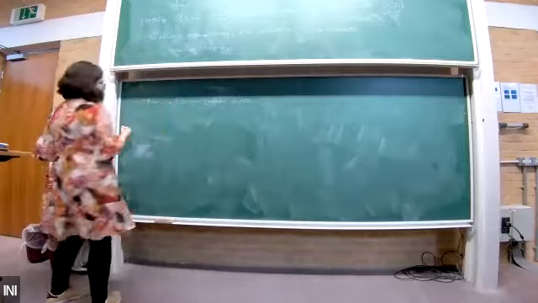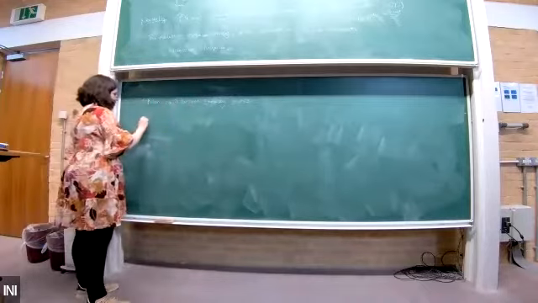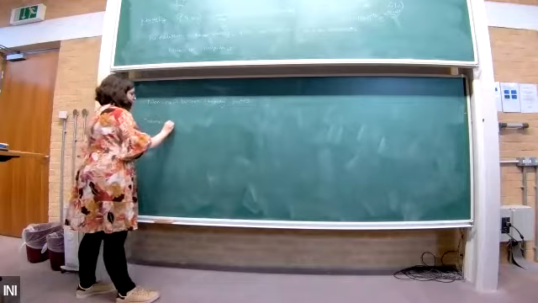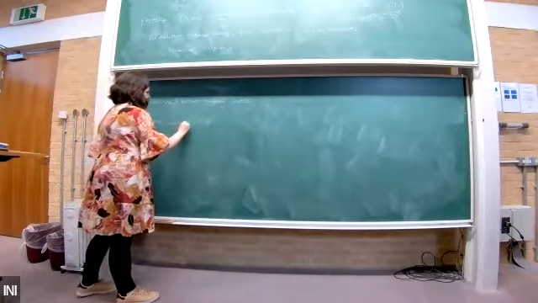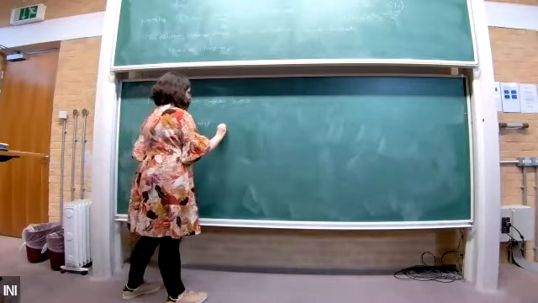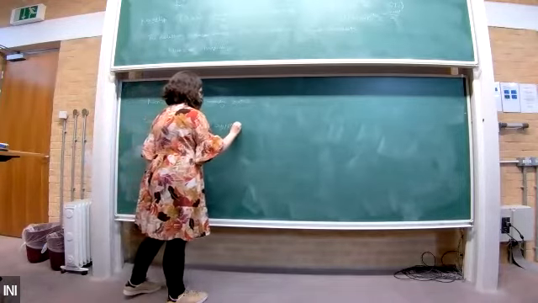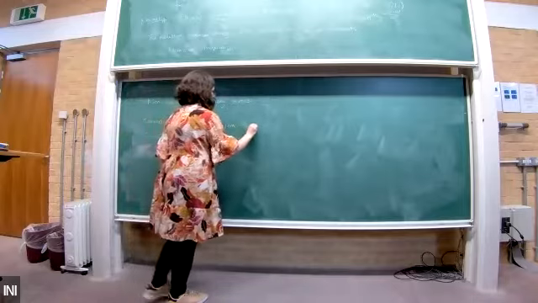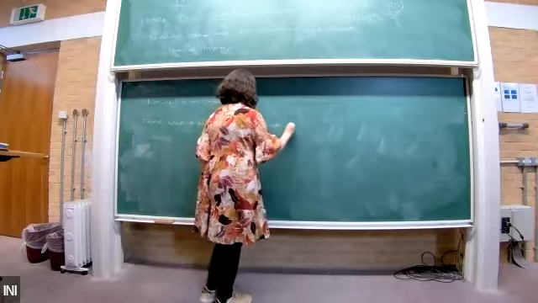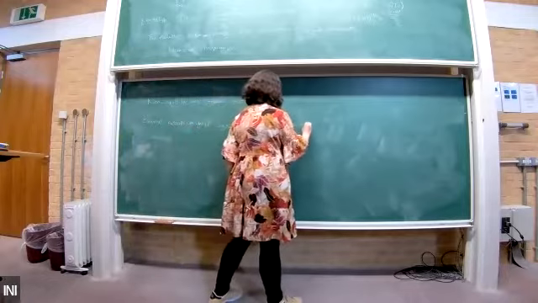This is basically when you have some external action on your system which breaks the monotonicity of entropy along the flow.